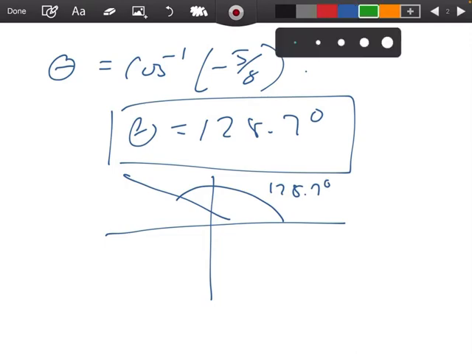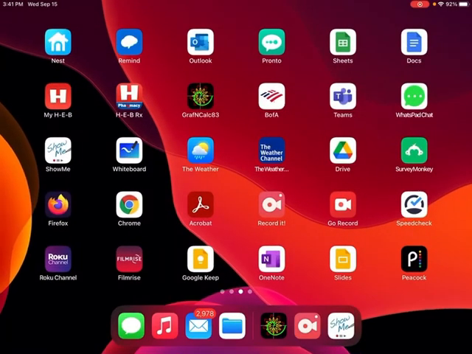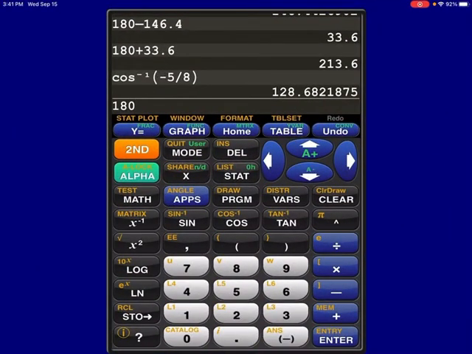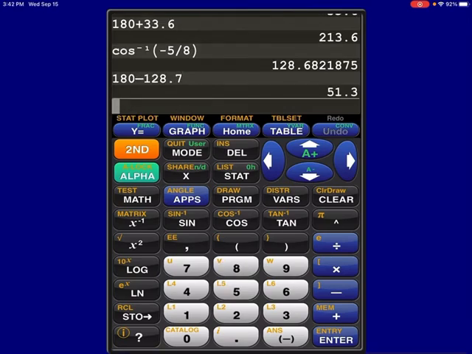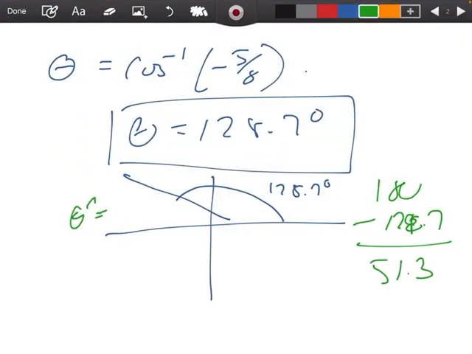Theta prime is going to be 180 minus that, okay? So I'm going to take 180 minus 128.7, which is 51.3. So this angle here is 51.3 degrees, which tells me that this angle is also going to be 51.3 degrees, right?